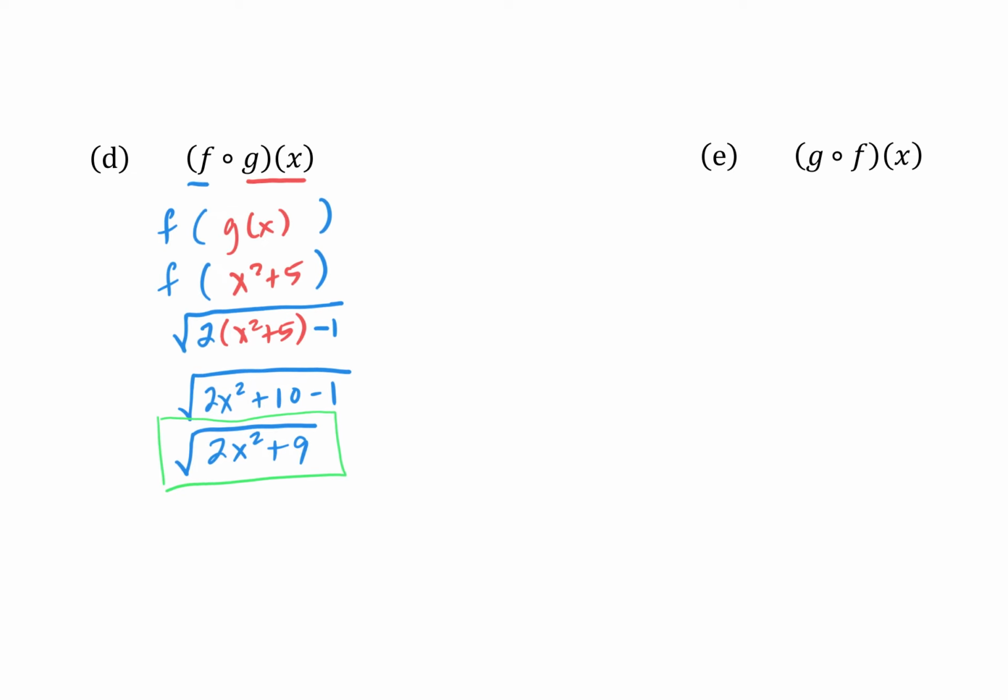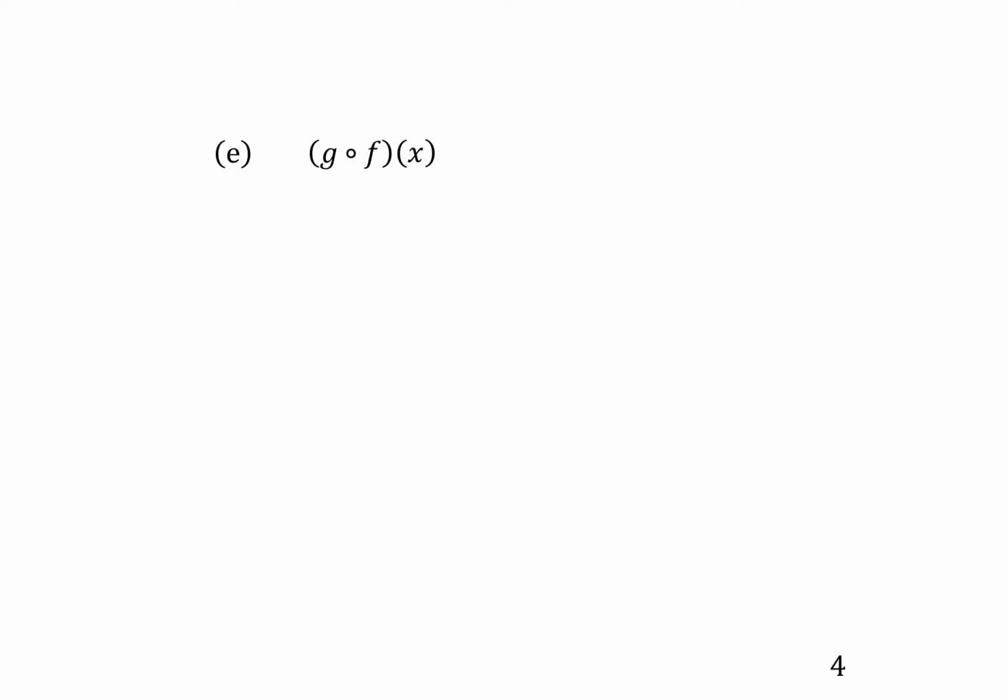Well, what does it look like if we change the order around? And this is our last example. Remember, this says we're going to do f of x first and then put that into g. So this becomes g of whatever f of x is. And in this case, our f of x is the square root of 2x minus 1. Remember, g of x is x squared plus 5.